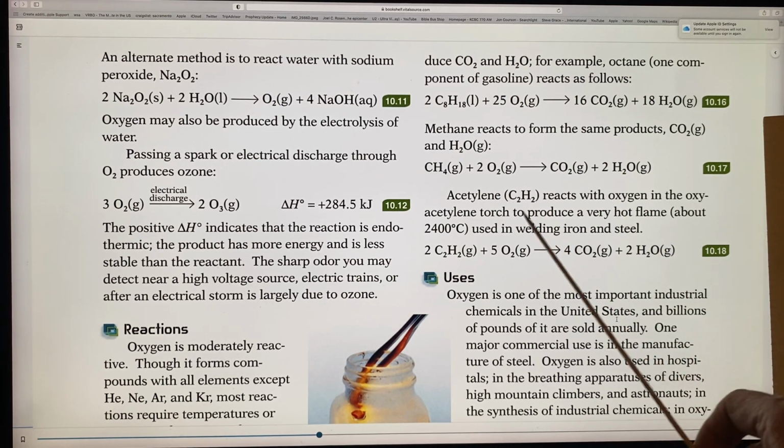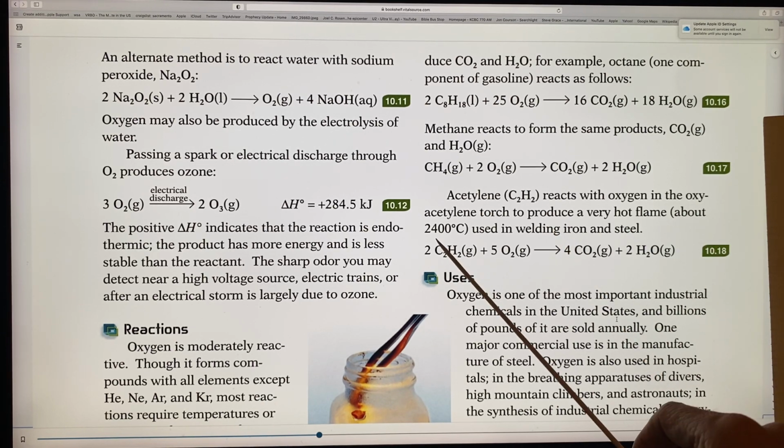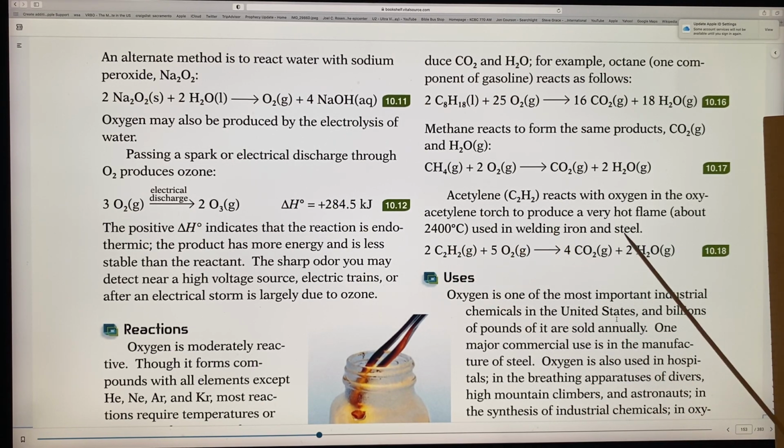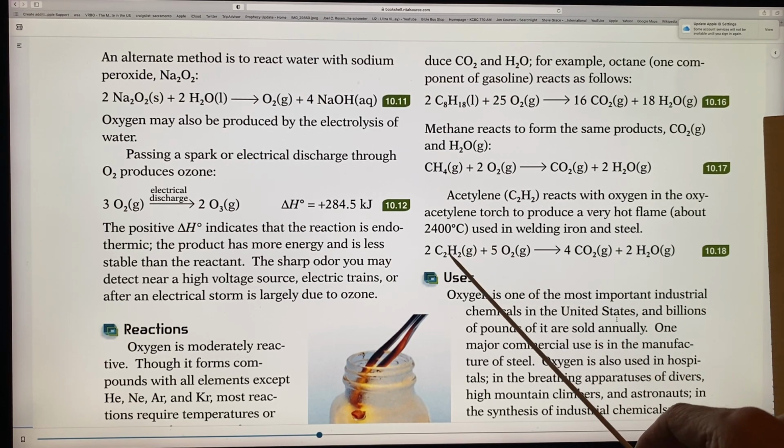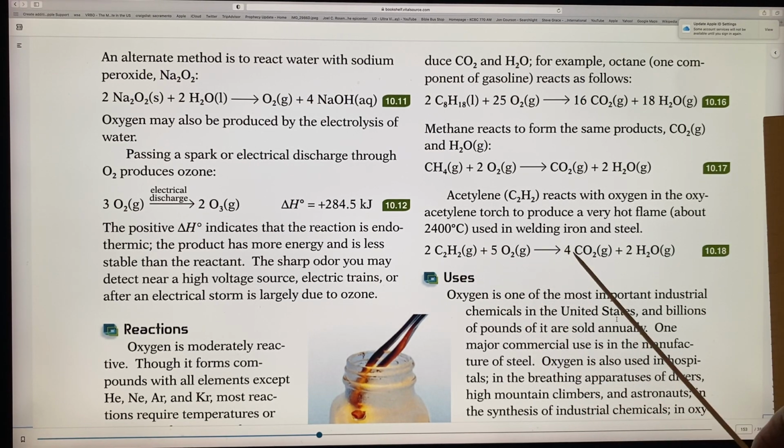Acetylene works the same way in the torch. It produces a very hot flame at 2,400 degrees centigrade for welding iron and steel. Here you have the acetylene torch and oxygen producing, again, what do they produce? Carbon dioxide and water. All of these molecules break down into atoms and end up producing carbon dioxide and water.